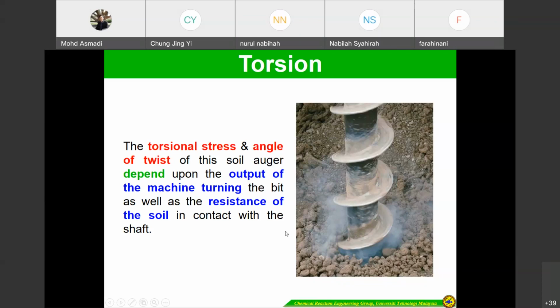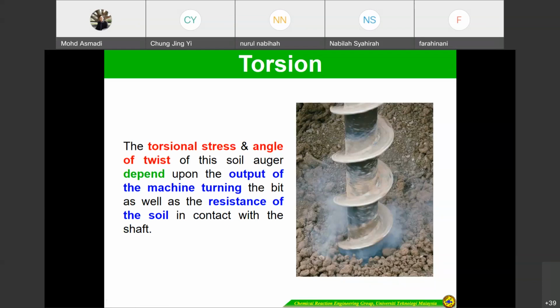The angle of twist is only a very small value, 0.0 something, and the auger is not going to fail. So it is important to calculate the minimum diameter that we have to use to design this auger, and the power output that we have to set. So that is the application of torsion.